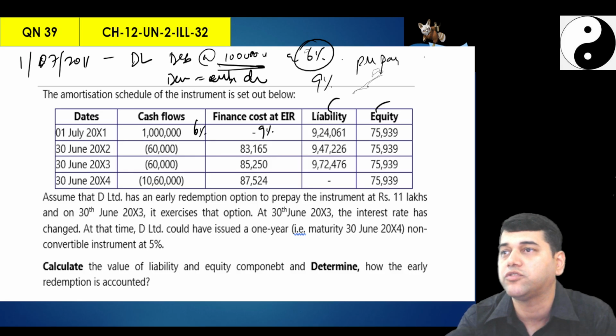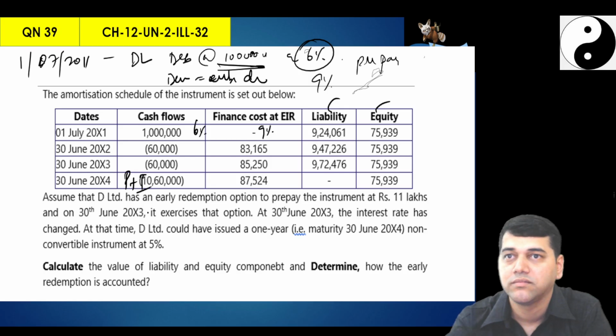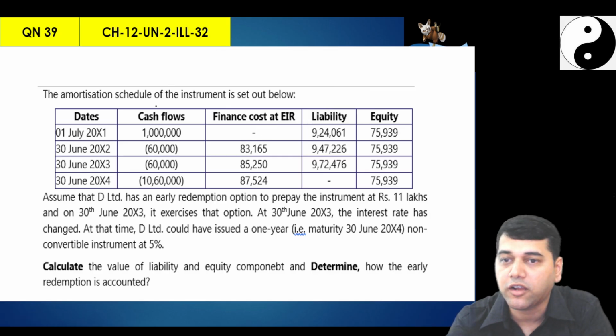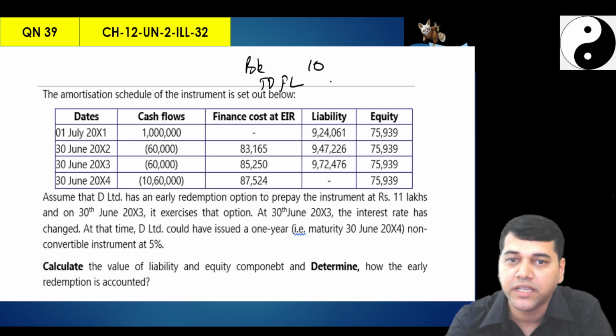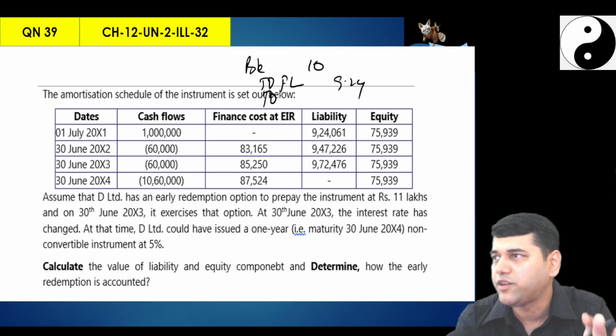What are your future cash flows? Principal plus interest. And you got one present value, this. And you passed one beautiful journal entry: bank account debit, how much? 10 lakhs. To financial liability, how much? 9.24. To a derivative, whatever it is.